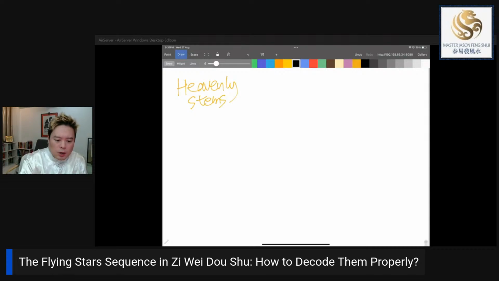I will write in Chinese. It's rather hard to squeeze everything into one page, so let me write it smaller. In terms of the heavenly stem sequence, we have 甲乙丙丁戊己庚辛壬癸.